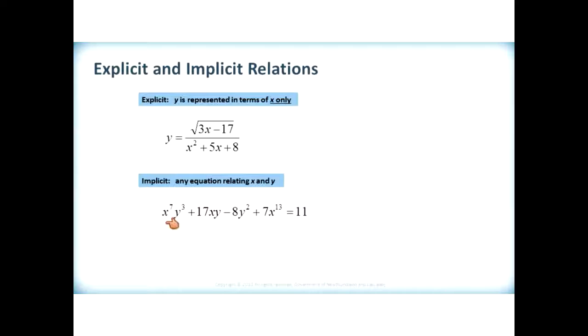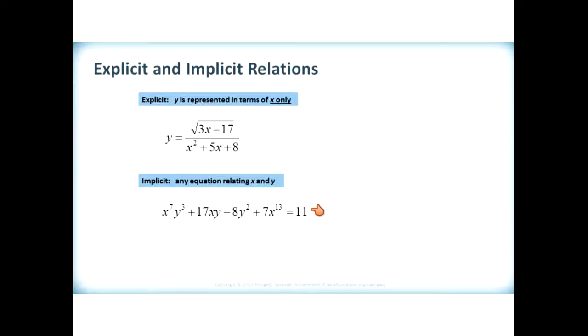So for instance, this really ugly looking equation down here would be a very big challenge to try and get y by itself, to isolate the y variable and write this explicitly. In fact, I'm not even sure it would be possible. But the idea is that sometimes because we can't do that, we have to deal with relationships between two variables that are represented strictly as an implicit representation.